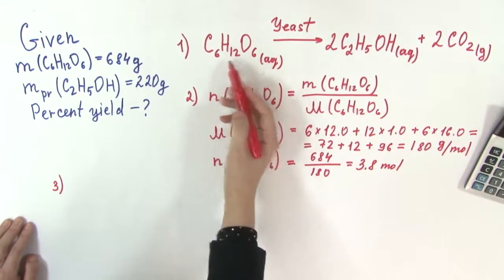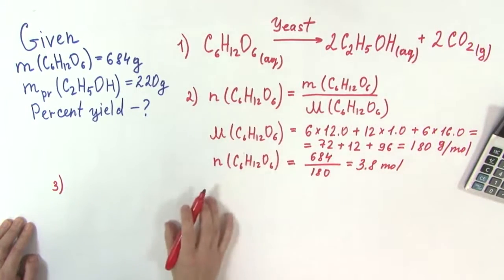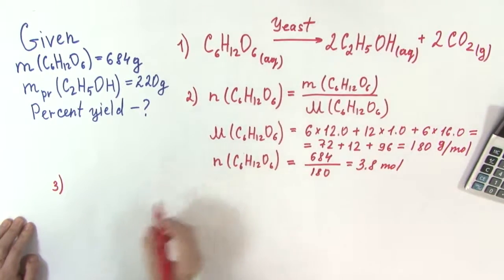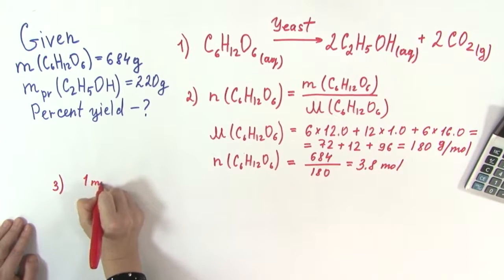According to the equation, we should construct stoichiometric proportions. From 1 mole of glucose, according to the reaction, we can obtain 2 moles of ethanol.